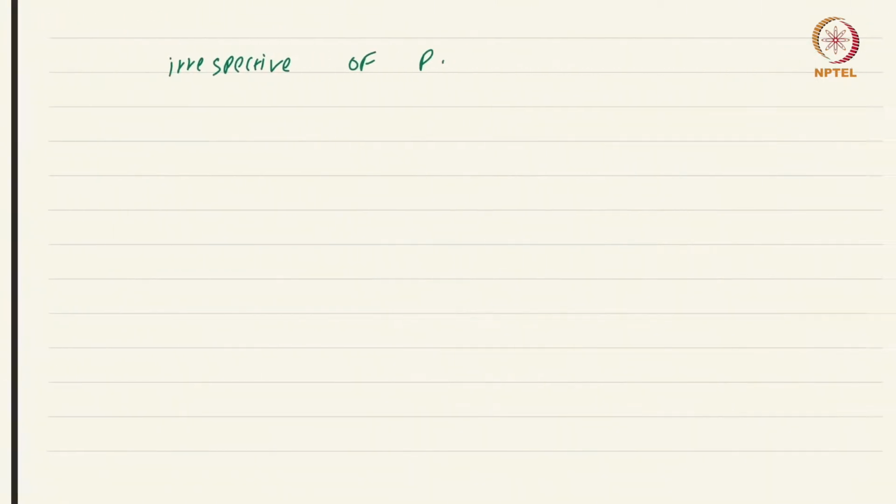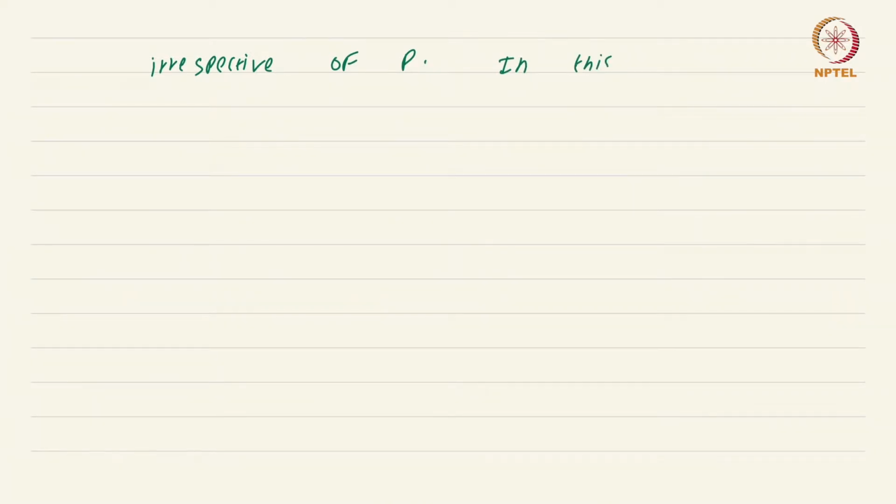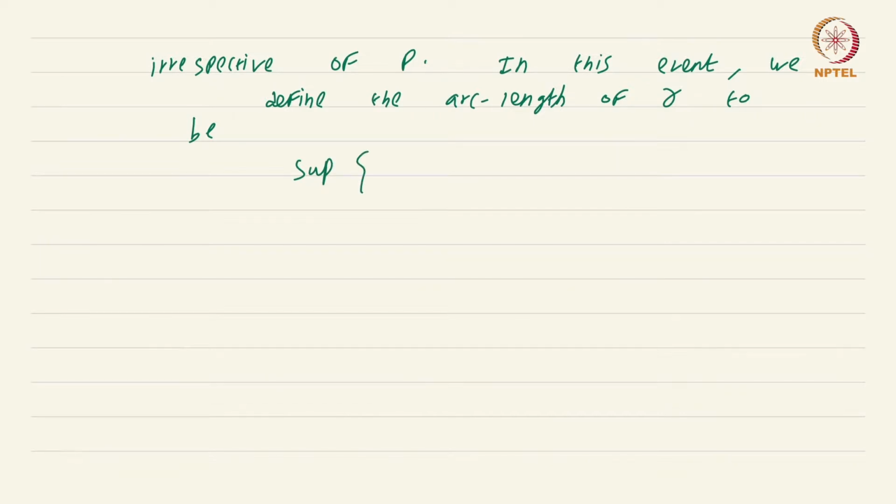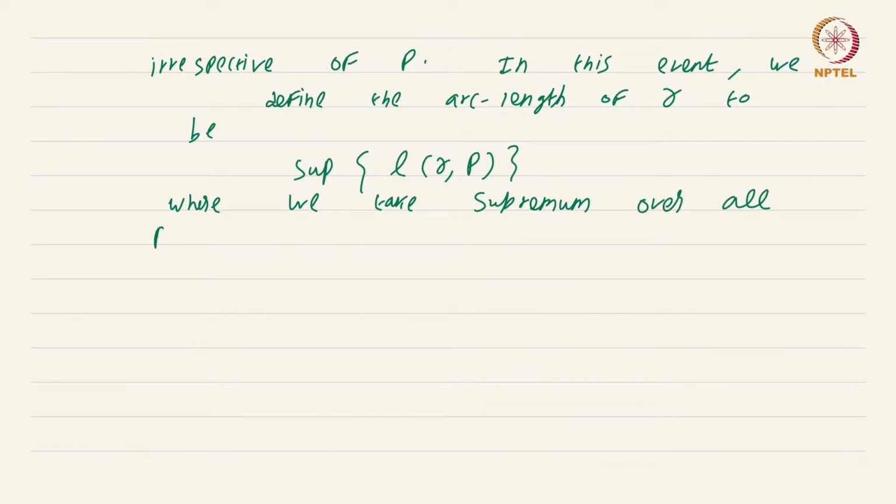So in this event, when it happens that there is such a constant M, in this event we define the arc length of gamma to be the supremum of L(gamma, P), where we take the supremum over all possible partitions of AB.